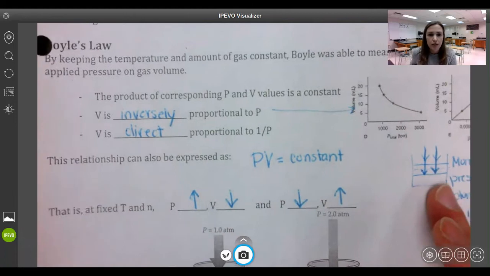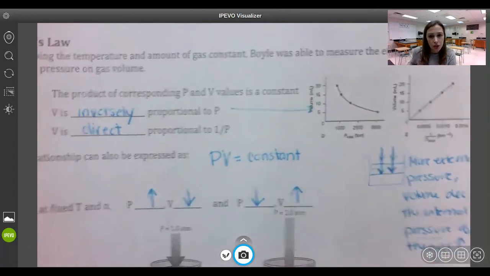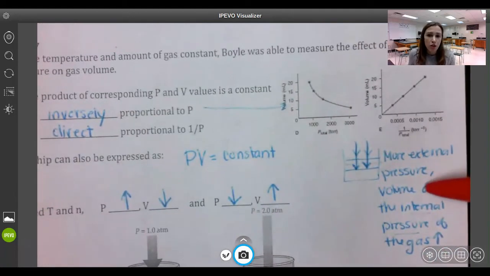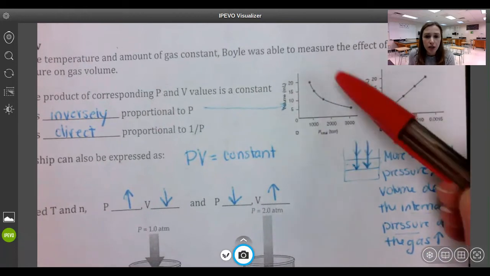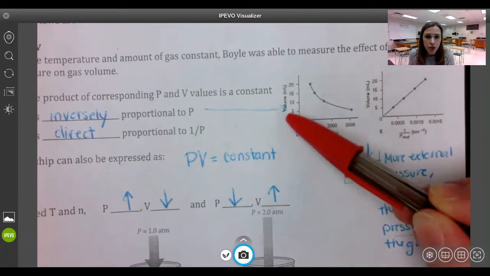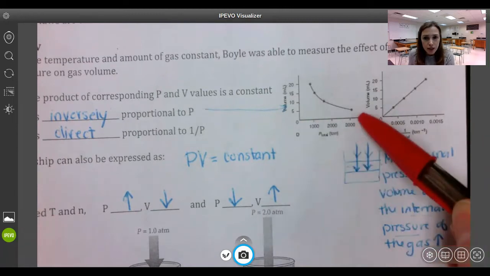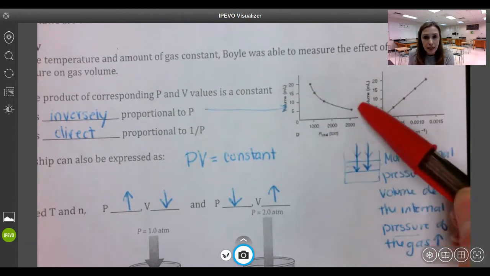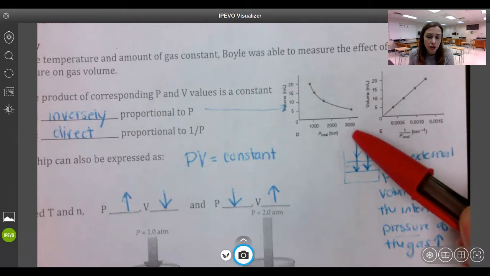And we talked in class about how as you change pressure, the volume is also going to change. So this graph here shows this inverse relationship between pressure and volume. As pressure increases, you can see that the volume is coming down or decreasing. So that's the inverse relationship there.